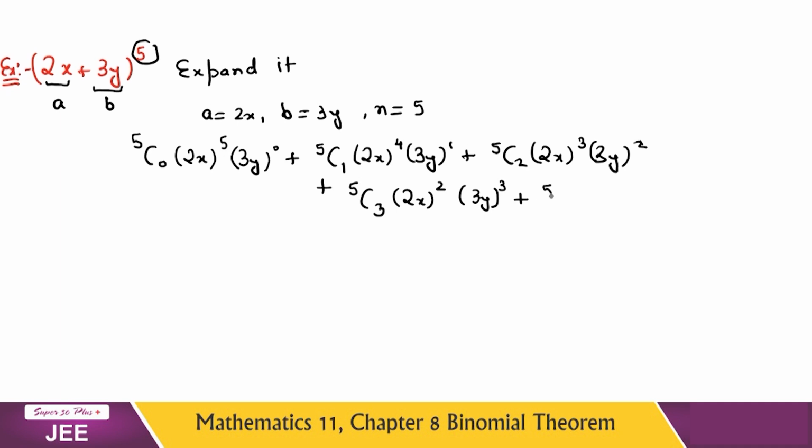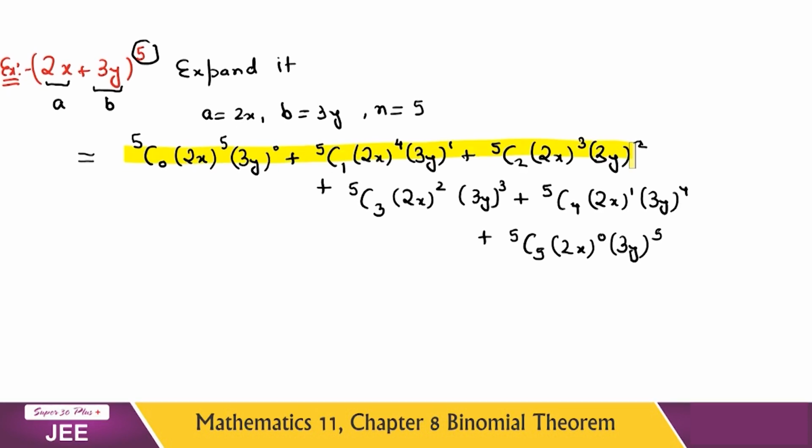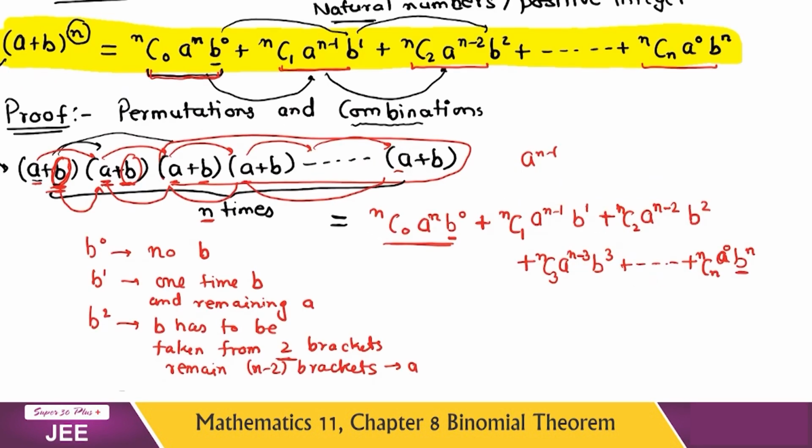The fifth term would be 5C4, 2x raised to the power 5 minus 4, and 3y raised to the power 4. And the last term is 5C5, 2x raised to the power 5 minus 5, and 3y raised to the power 5. This is going to be the expansion of (2x plus 3y) whole raised to the power 5 according to the binomial theorem.